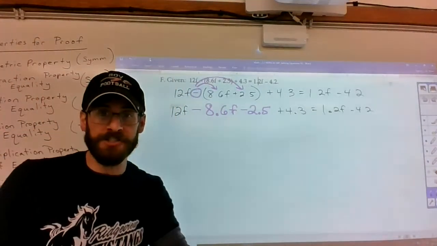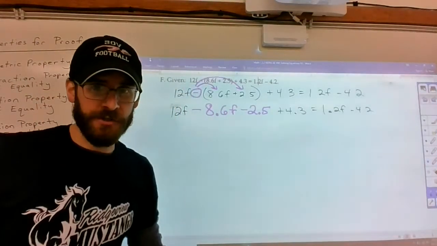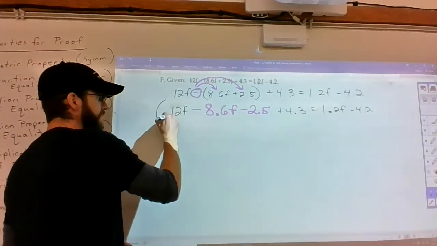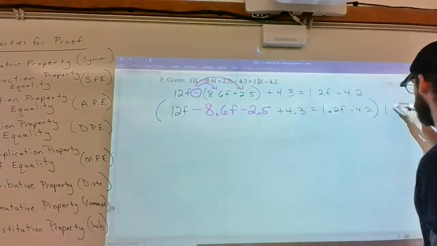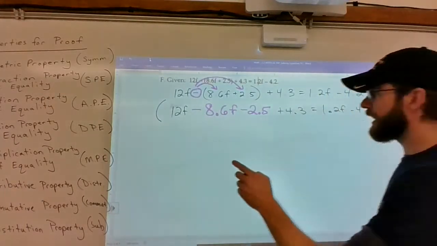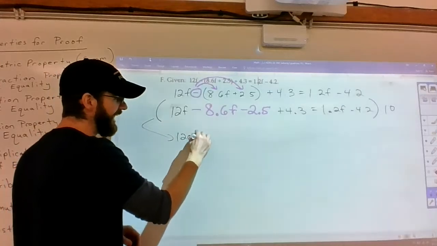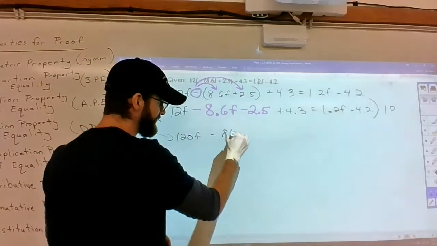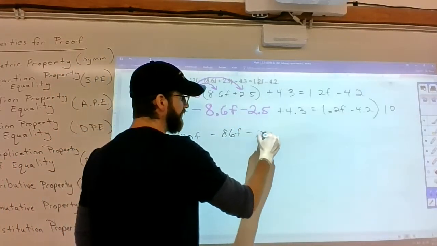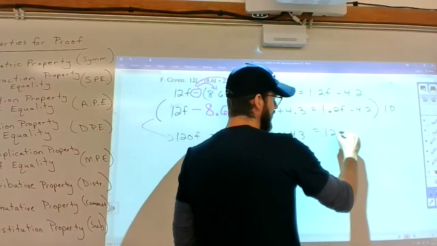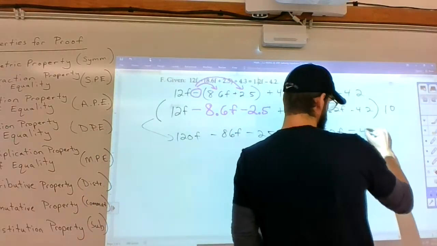I'm going to multiply both sides by 10 right now so that the decimals no longer are decimals. So I can multiply this side by 10, creating 120f minus 86f minus 25 plus 43 equals 12f minus 42.